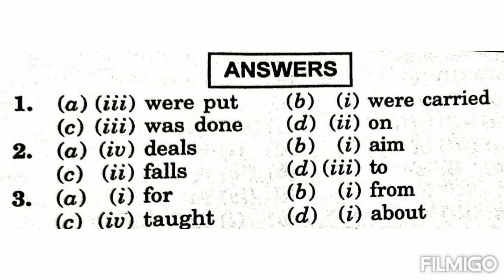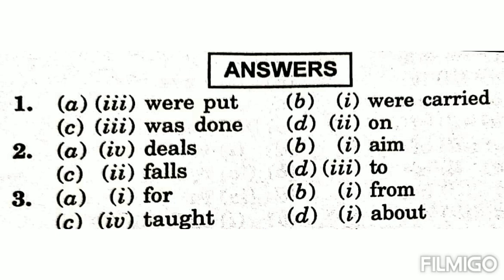And the answers are for the first exercise, A blank, answer is were put. For B blank, it is were carried. For C blank, the answer is was done. And for D blank, the answer is on.